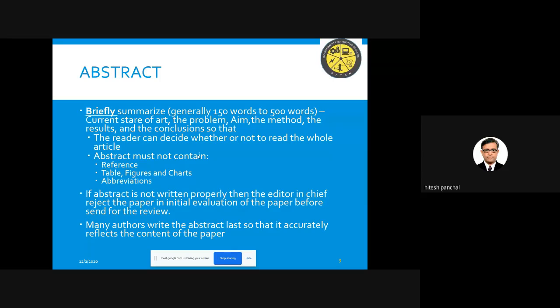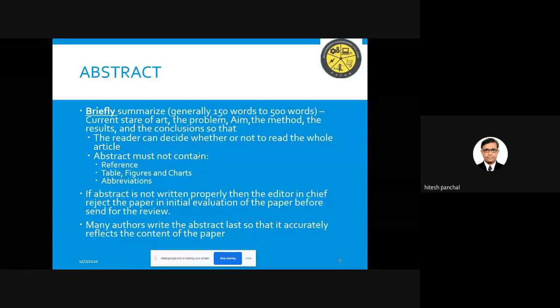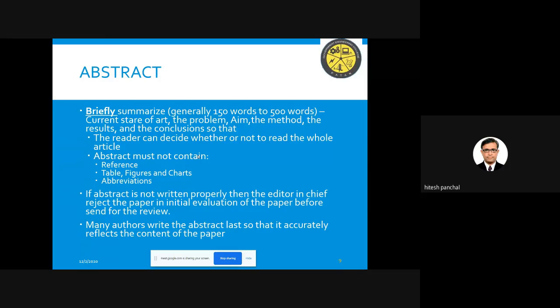Okay, and many authors, this point is very important. Actually, this is a perfect point that everybody has to understand. Many authors write the abstract last so that it accurately reflects the content of the paper. Even at present, I am writing my research article, so I start from results and discussion. It is my own perception, because whatever research work you have carried out, you first start from the results and discussion.